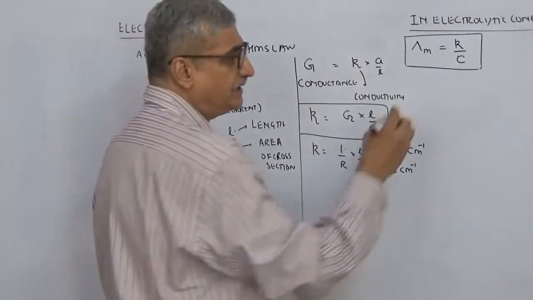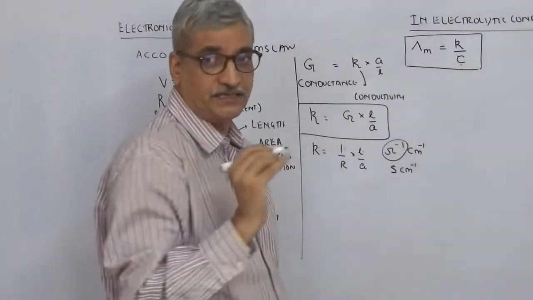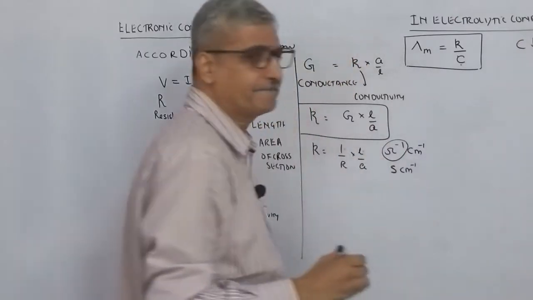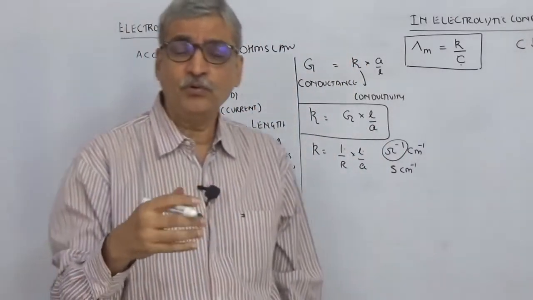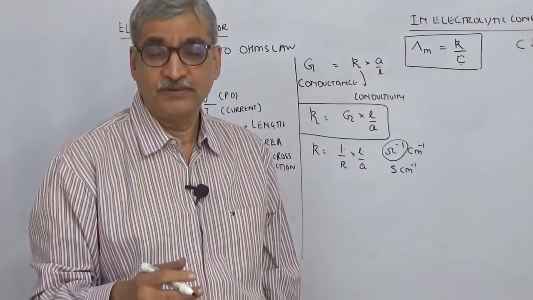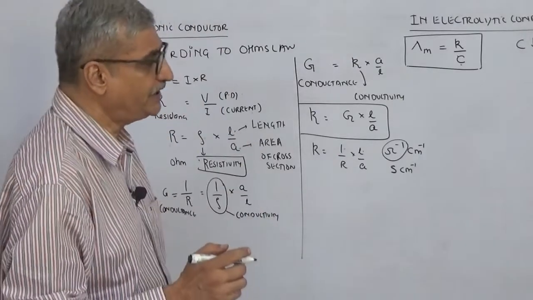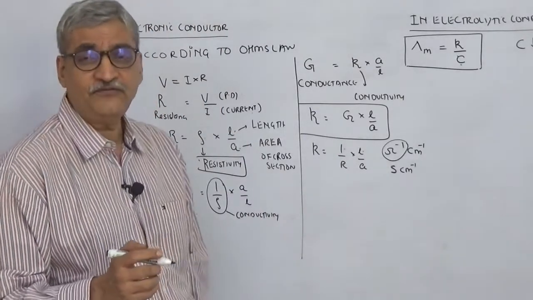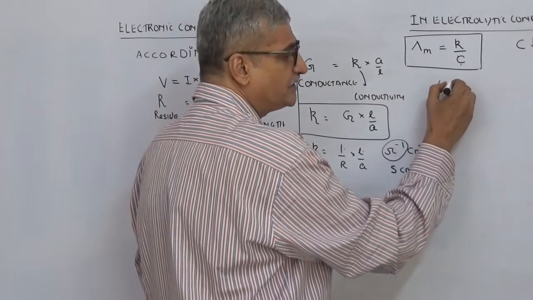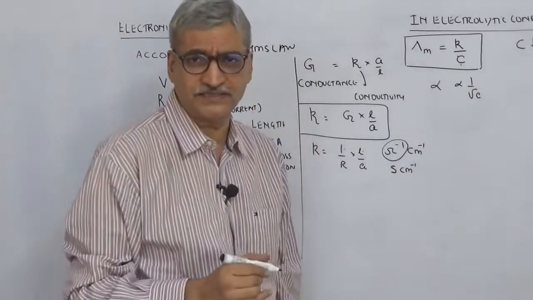Now you have to understand that as concentration decreases, what is going to happen? More and more of ions is going to dissociate, because we have this in ionic equilibria. What is it that we have in ionic equilibria? That alpha, the degree of dissociation, is inversely proportional to square root of concentration.